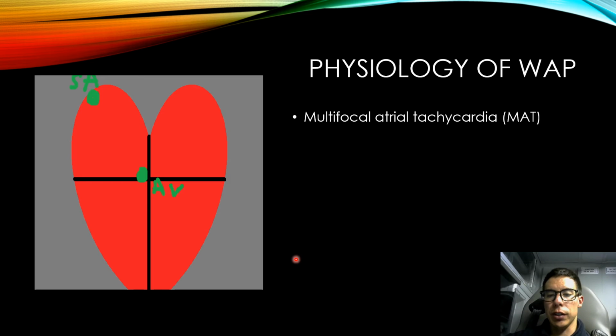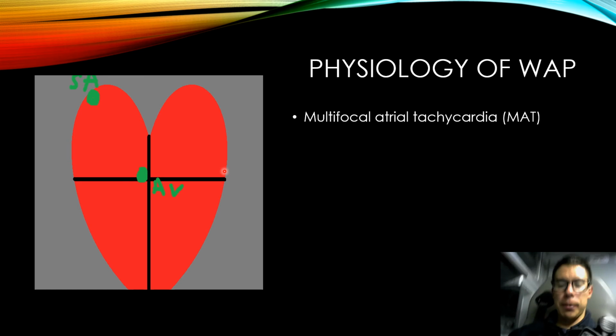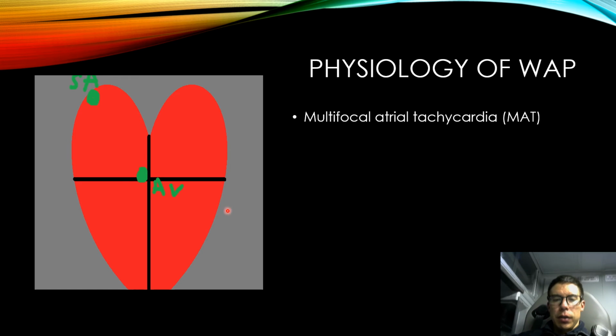So here's the physiology behind it. And we're actually talking about 2 rhythms in this one, but I'll get to that in a second. So wandering atrial pacemaker. If we have an impulse, say, that generates right here, that's pretty close to the SA node, which is right there.